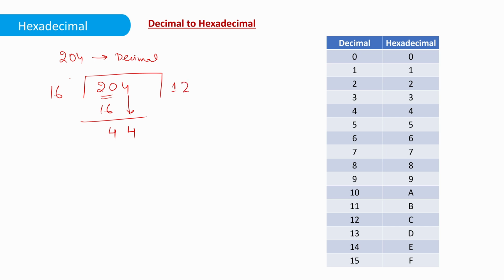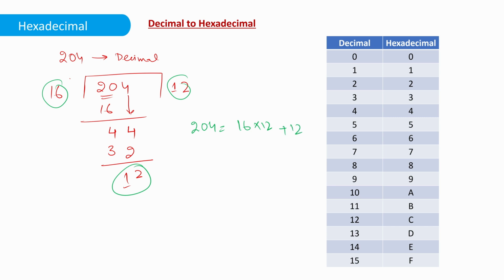This becomes 32, and we are left with 12. So this 204 can actually be written as 16 times 12, and then we have this remainder 12.